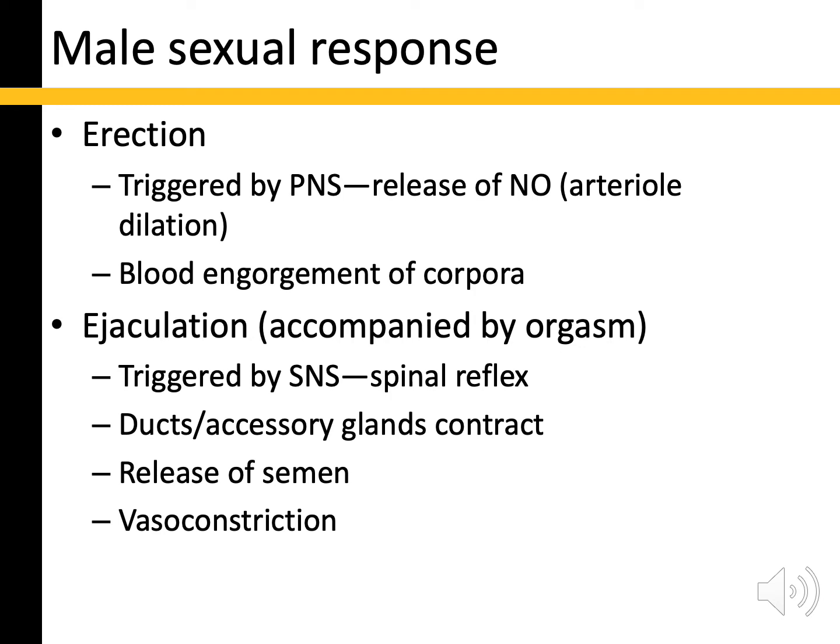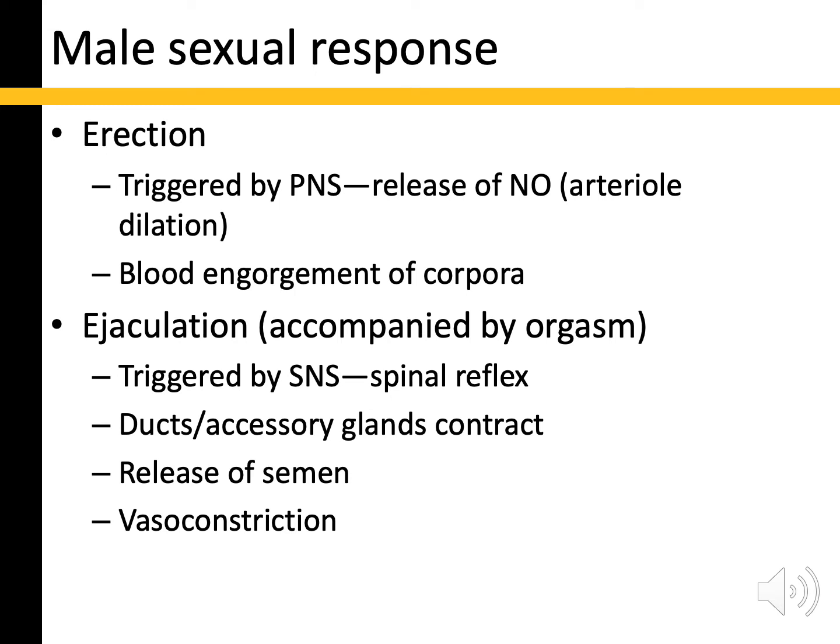And so that's going to be the blood engorgement, specifically of the corpus cavernosum. Now, the word corpora is the plural of corpus. All right, so the corpus cavernosum specifically, the two red eyeballs, the tissue that surrounds those. Now, the corpus spongiosum doesn't do that because it surrounds the urethra, and the urethra is going to need to stay open for the next part, which is ejaculation.